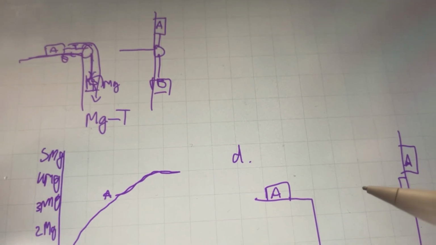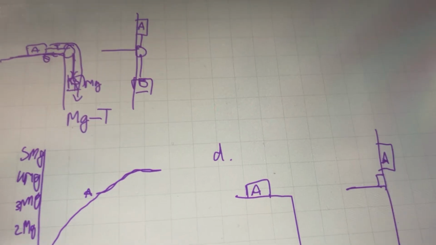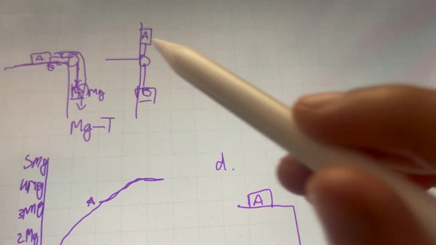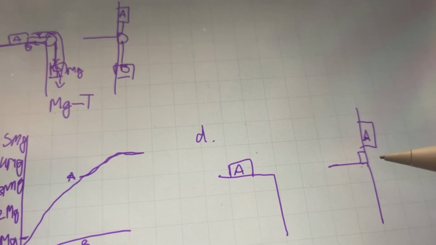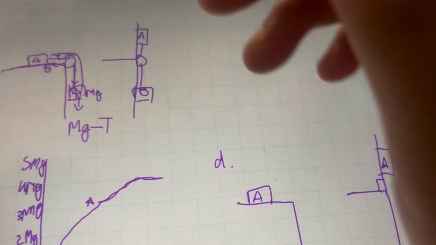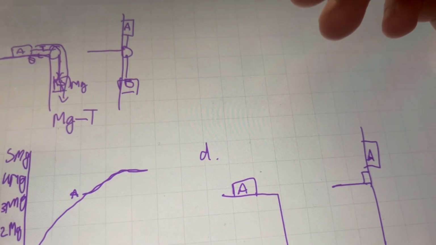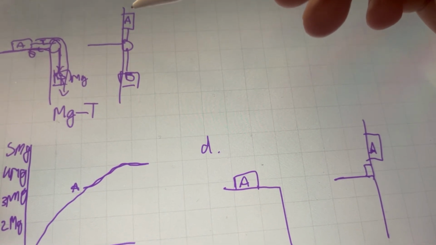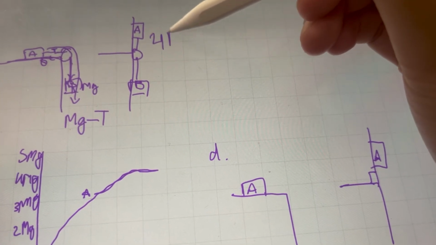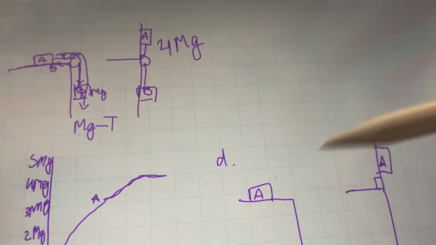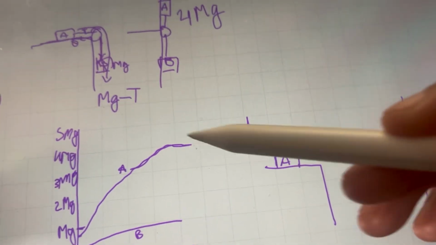That's a bad explanation, but either way, even if there was no string on block B, block A is still in free fall, and the only downward force pulling block A downwards in both situations is just 4mg. It doesn't matter if there was a string or not. So the end of the graph would not change.